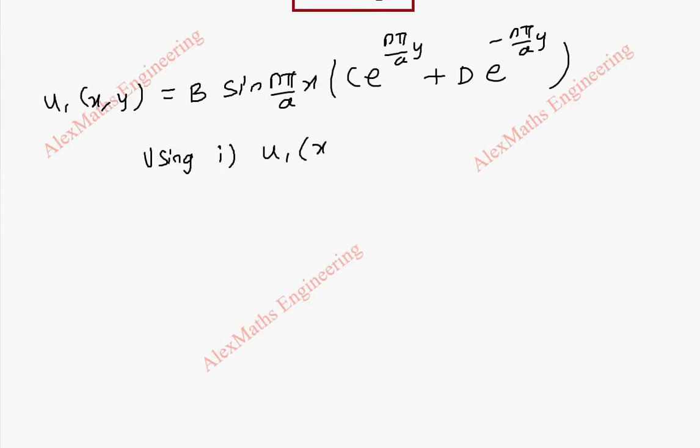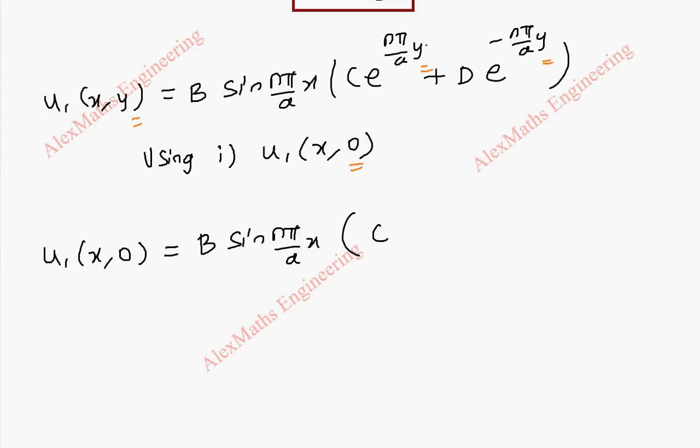Wherever y is present, we have to put 0. So u1 of x comma 0 equals b sin (n pi x by a) times (c, when I put 0 here, e power 0 is 1, plus d into e power 0, which is again 1). So we are left with only c plus d, and this value is 0.